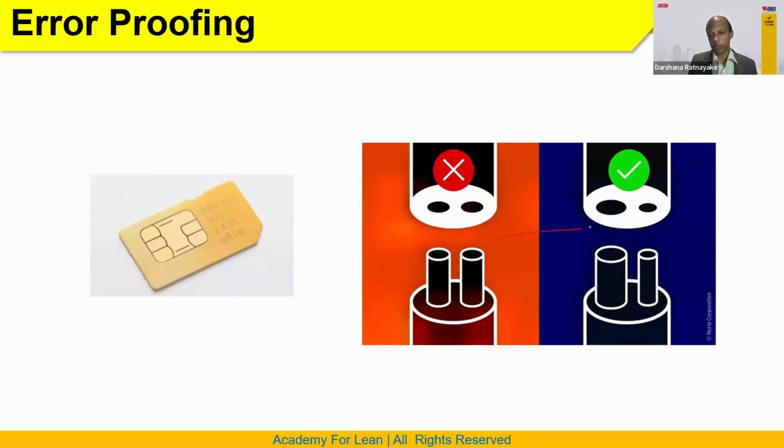So what they have done is make one pin bigger than the other. That means this part can only go into here. This cannot go into here. Even if the operator tries to do it the wrong way, it will not work. That is called error proof.